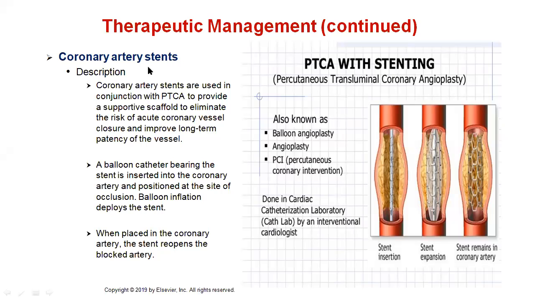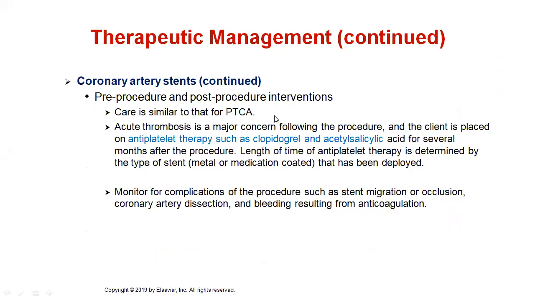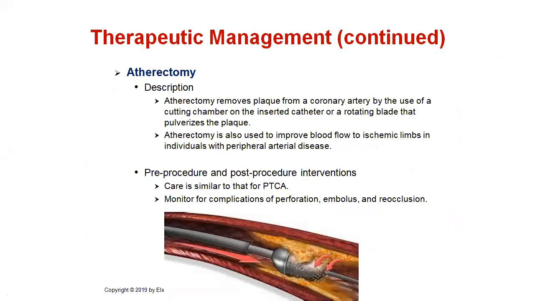The other type is called arteriectomy, meaning removal of the plug in the vessel. In this picture, the plug is removed and reconstructed. This is called arteriectomy: removal of the plug from the coronary artery by use of a cutting chamber on an inserted catheter.